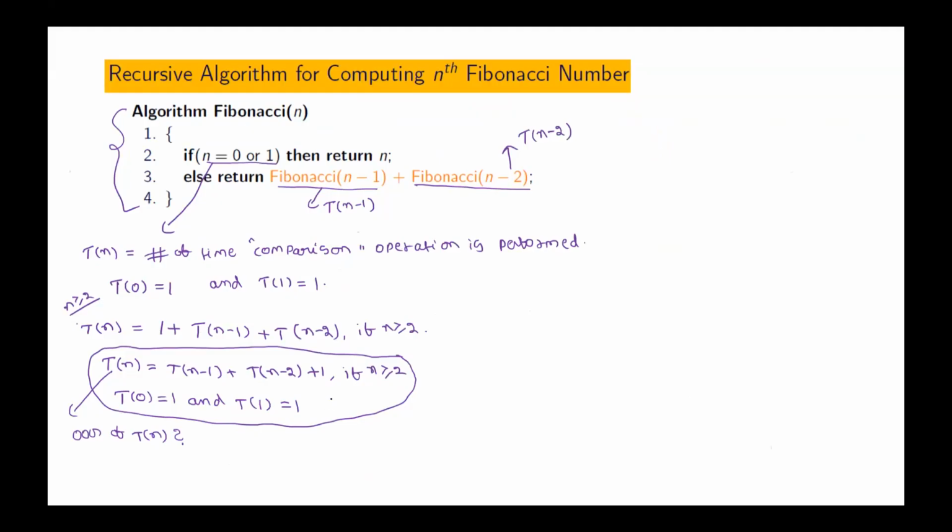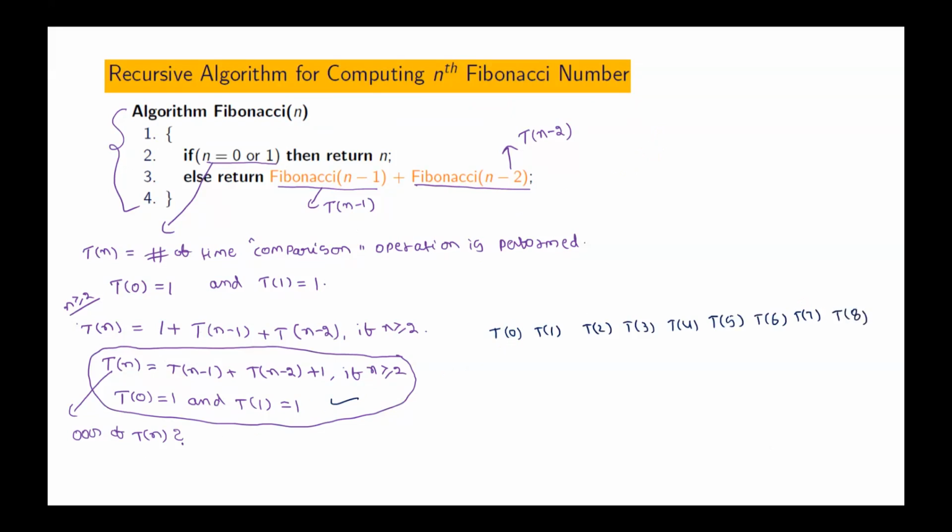This is the recurrence relation, no? So what are the terms in this recurrence relation? Let us write T of 0, T of 1, T of 2, T of 3, T of 4, T of 5, T of 6, T of 7, T of 8.